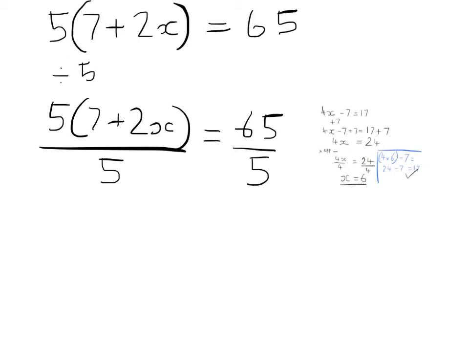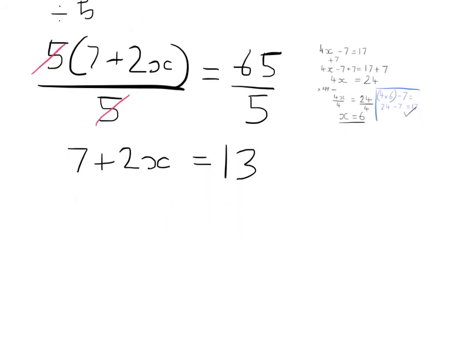There we are. So these simplify. Okay, and we end up with 7 plus 2x equals 5 goes into 65 13 times. Fantastic. Okay then, so this looks a little bit more comfortable, doesn't it? We can do this, no problem.